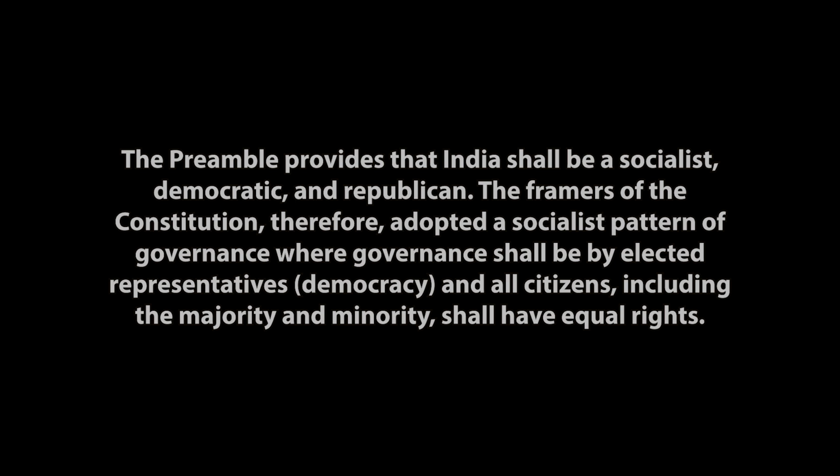The preamble provides that India shall be socialist, democratic, and republic. The framers of the Constitution therefore adopted a socialist pattern of governance, where governance shall be by elected representatives, that is democracy, and all citizens, including the majority and minority, shall have equal rights.